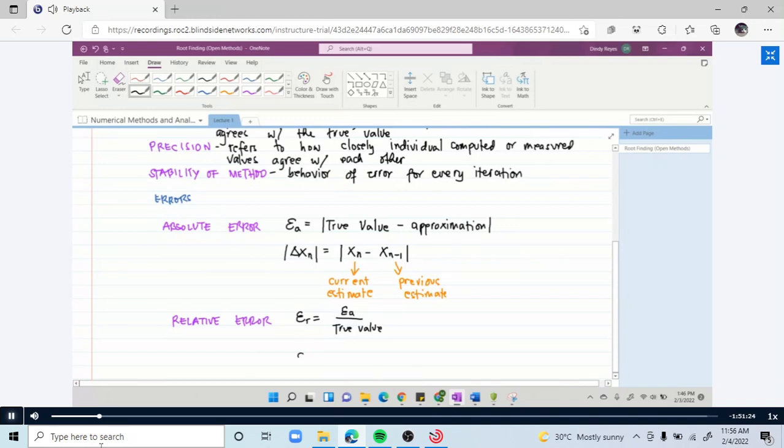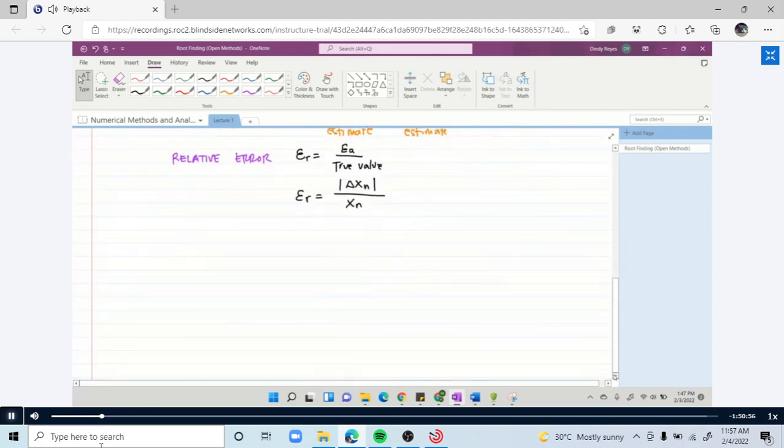Okay, or in our case, the relative error is delta x sub n, the absolute error, over the current estimate x sub n. Okay, normally I use this absolute error for our computations. Okay. All right, now let's go to root finding techniques. The first open method that I'll discuss is called fixed point iteration.